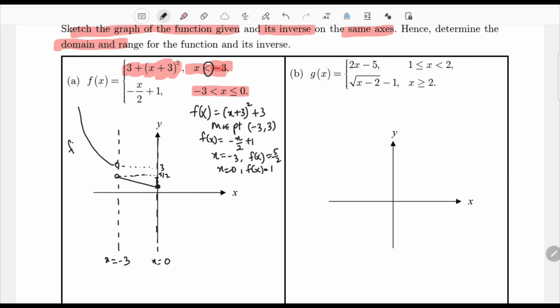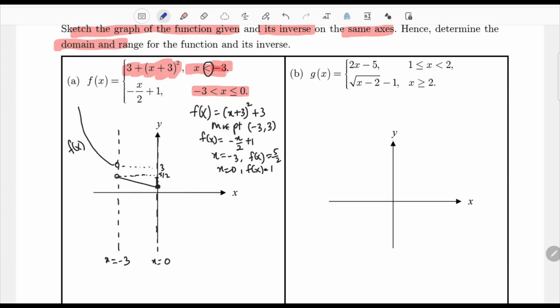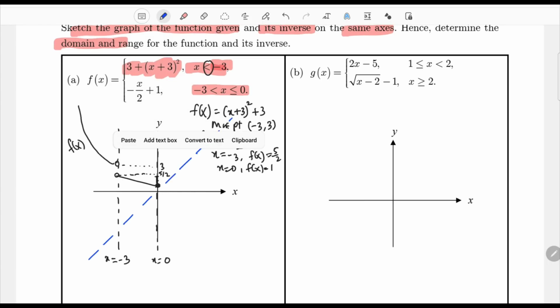So label f(x). So next, you need to draw the line y equal to x. So let's use blue for the line. So this is your line, y equal to x. So label your origin. So this curve, your f(x), we need to reflect it on the line y equal to x. So this should be this side.